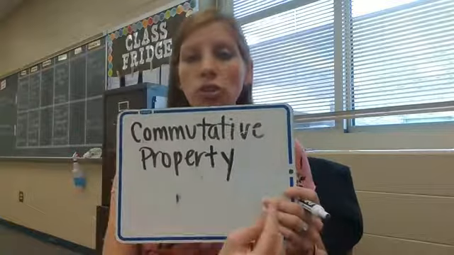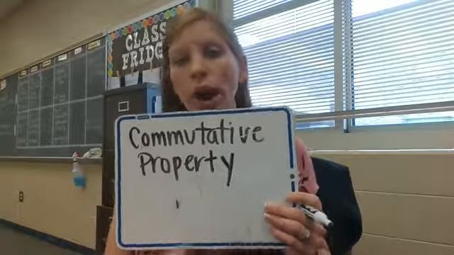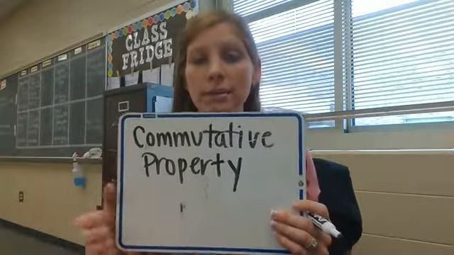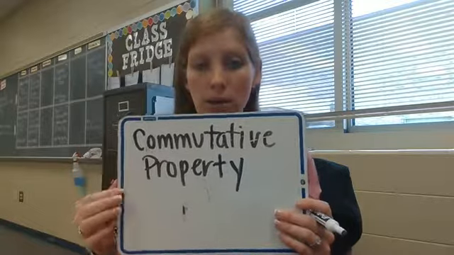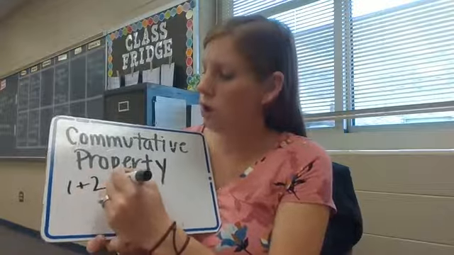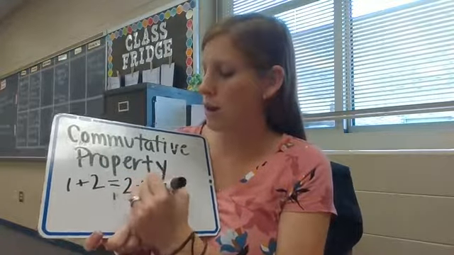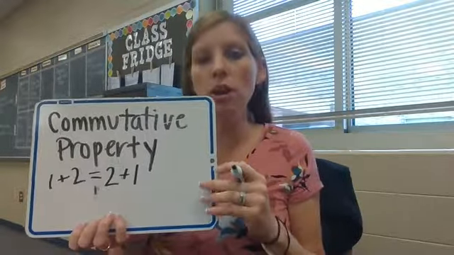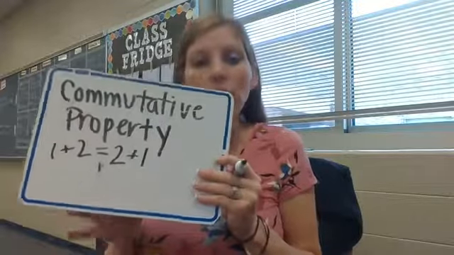It doesn't matter which direction I go, what order I go in, the distance stays the same. And so the commutative property says that whether I do 1 plus 2 or 2 plus 1, things are the same. So the commutative property says that I can add in any order.